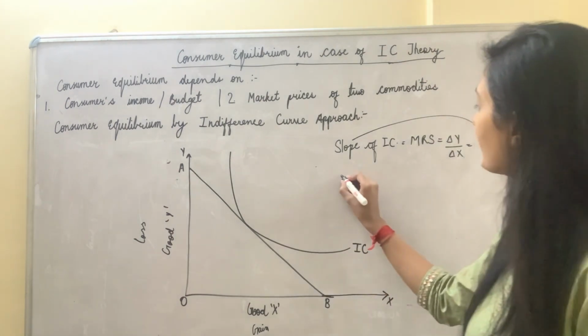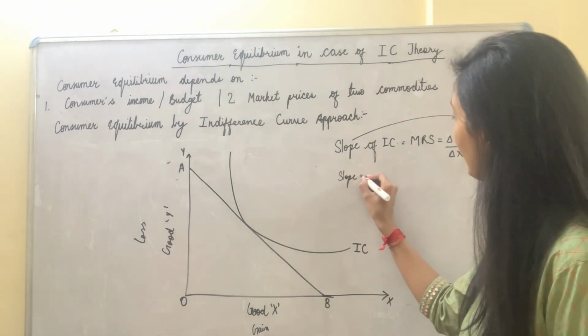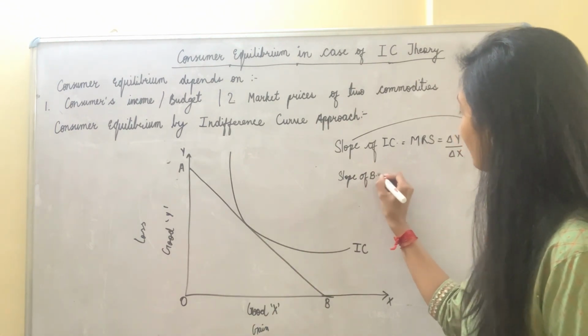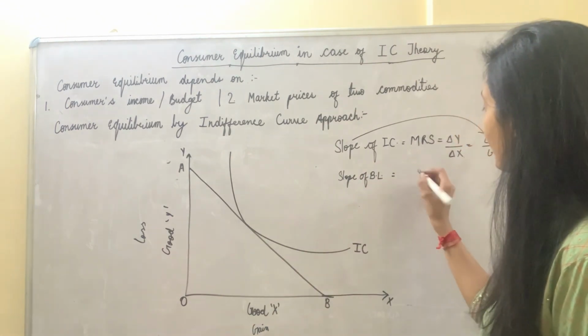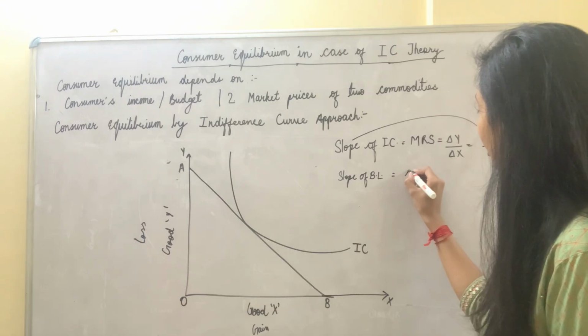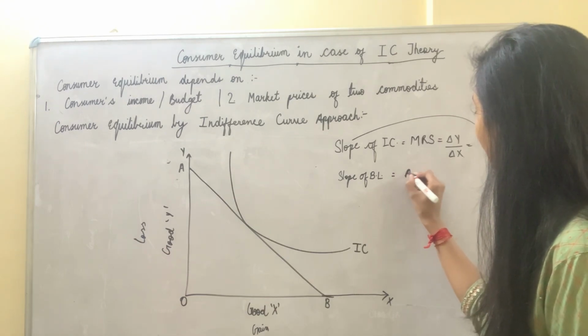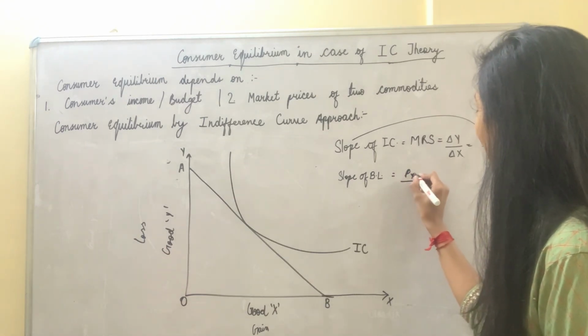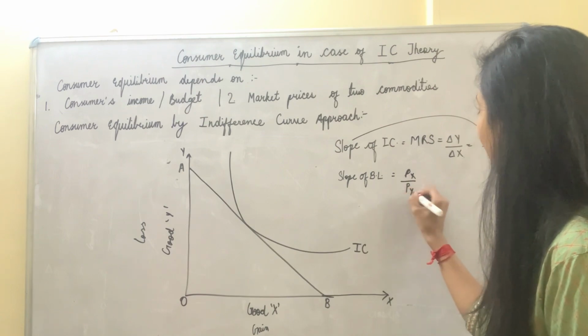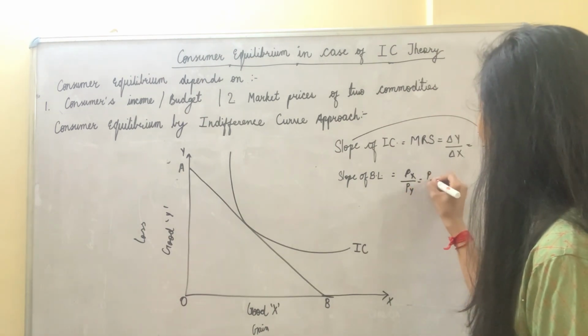And what is the slope of budget line? That is price of x upon price of y, which is equal to the price ratio.